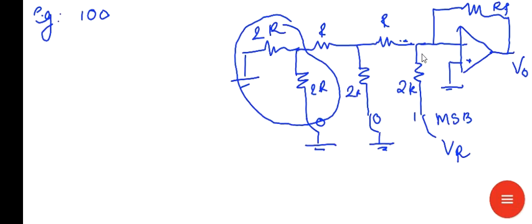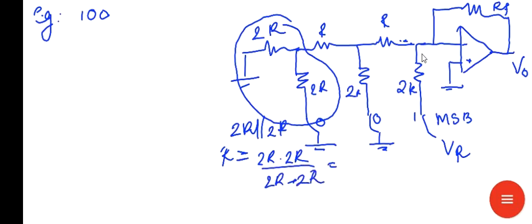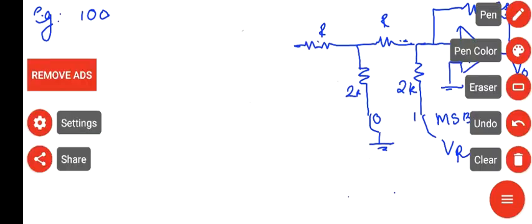So this 2R and 2R are in parallel combination. 2R parallel 2R, the resultant resistance is 2R into 2R divided by 2R plus 2R, that is 4R square divided by 4R, equal to R. So this 2R and 2R in parallel are replaced by the resistance R.